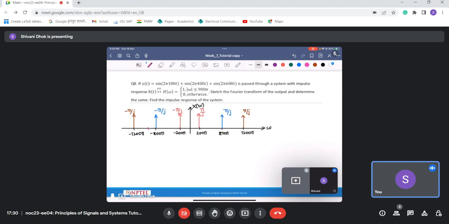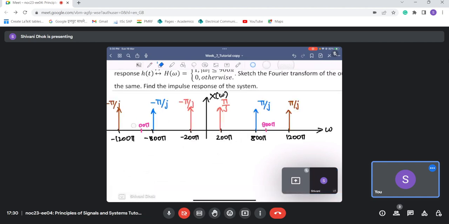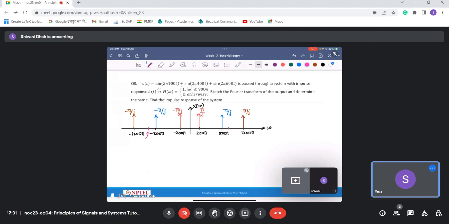Let's say this is 900 pi, this is minus 900 pi, and this is 900 pi, and the filter that we are having has a response something like this. And this is the value 1.